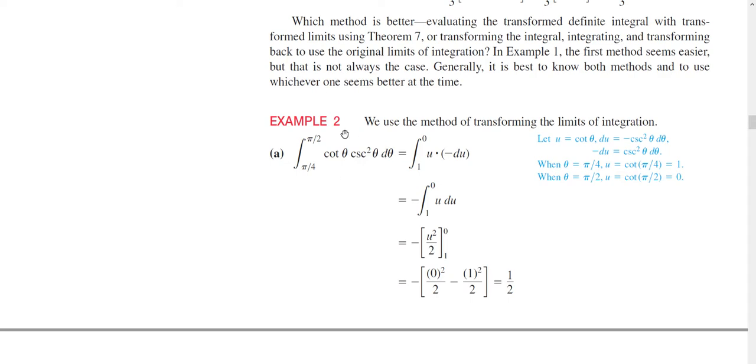Now cot theta is u, and du is equal to minus cosecant square theta d theta. So cosecant square theta d theta becomes minus du, right? So this is equal to negative of the integral from 1 to 0 of u du, which is equal to this. Now by usual integration steps and simplification we have found it.